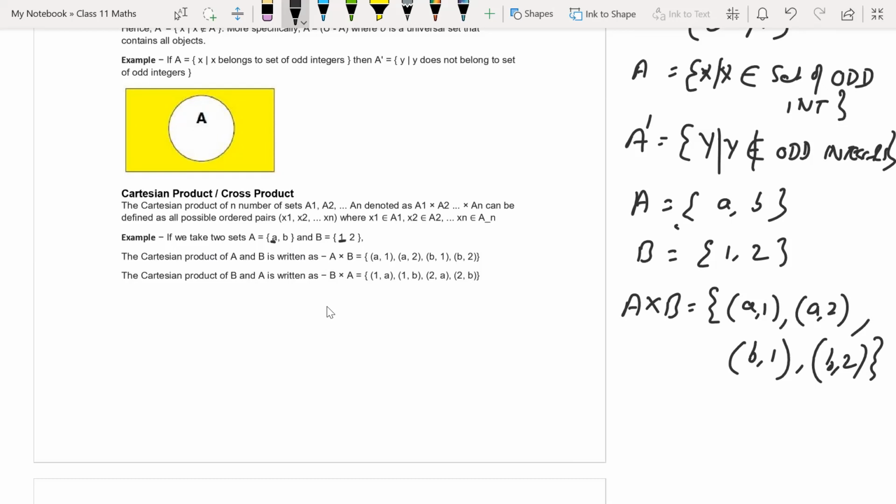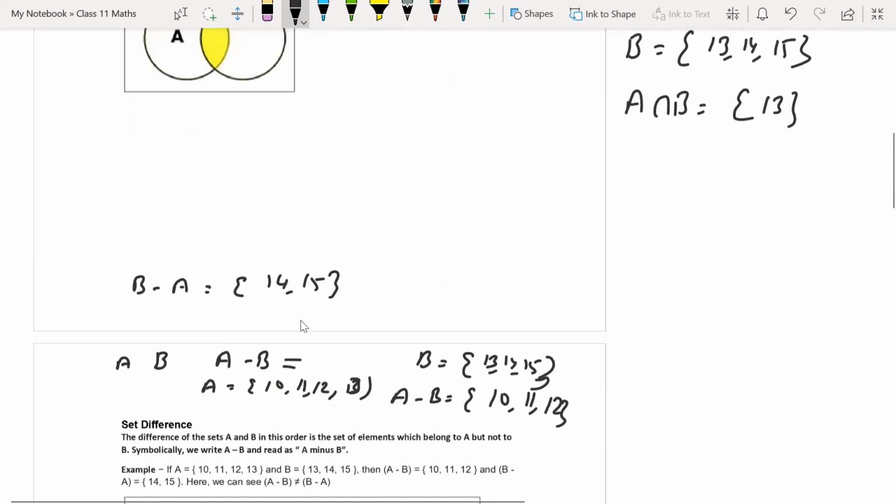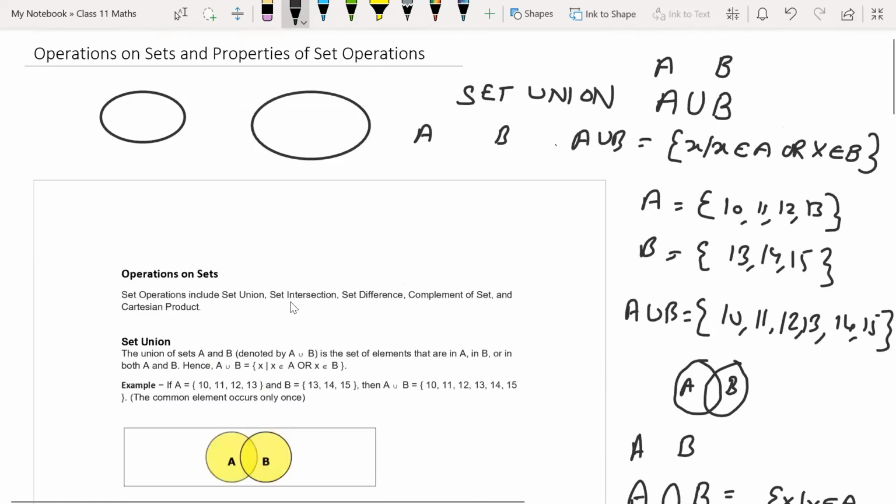This is the Cartesian product. Cartesian product is all possible ordered pairs where elements belong to A1, A2, An. This is all about the set operations on sets.